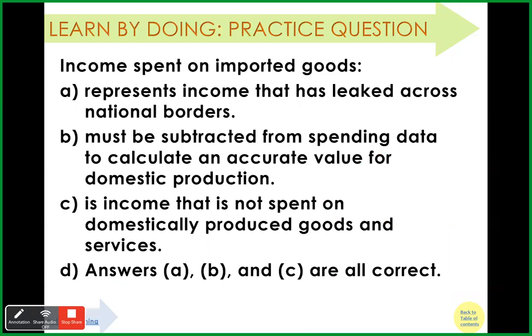Now, next one, income spent on imported goods. Is A correct? Represent income leak across national border. Why?